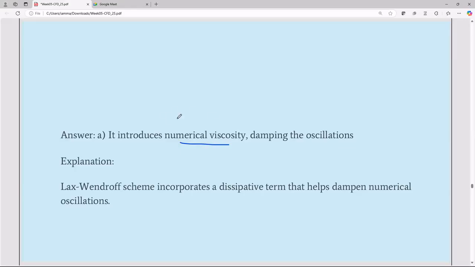Suppose this is the property phi, and this is how phi varies over time. If there is numerical diffusion, then the solution will be something like this. Rather than taking this sharp jump, it will take somewhat of a slope. Some portion will not be captured by the solution. So that is the numerical viscosity.